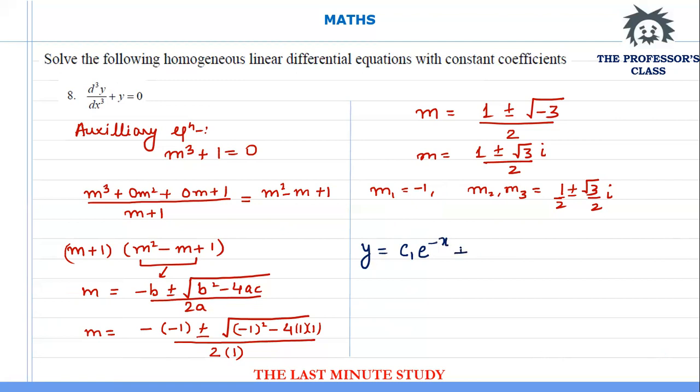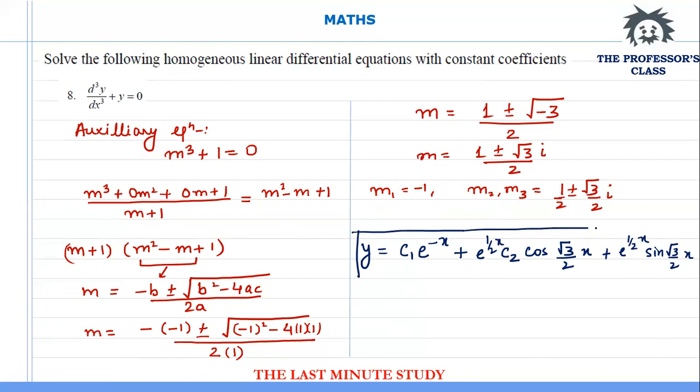So I'll take minus 1 plus e raised to the power half of x times c2 cos root 3 by 2 x plus c3 sine root 3 by 2 x. So this is going to be my final answer after substituting the values of m.